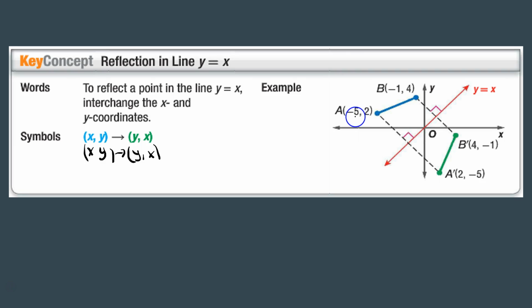So A is (x, y), then it becomes (y, x). B is (x, y), and it switches to (y, x). They just swap places. And there's another handy formula to keep in mind. Make sure you have that down.